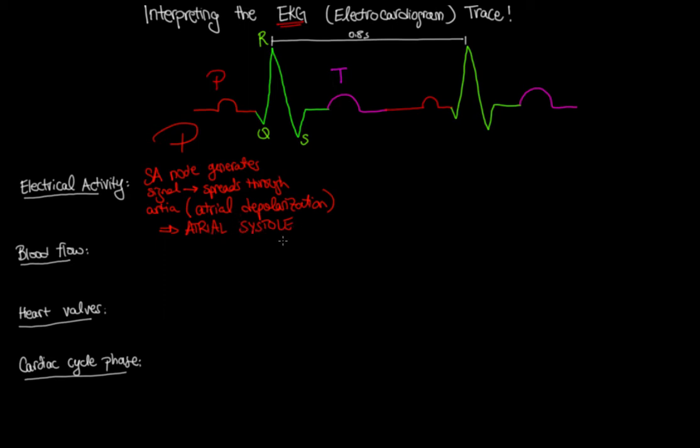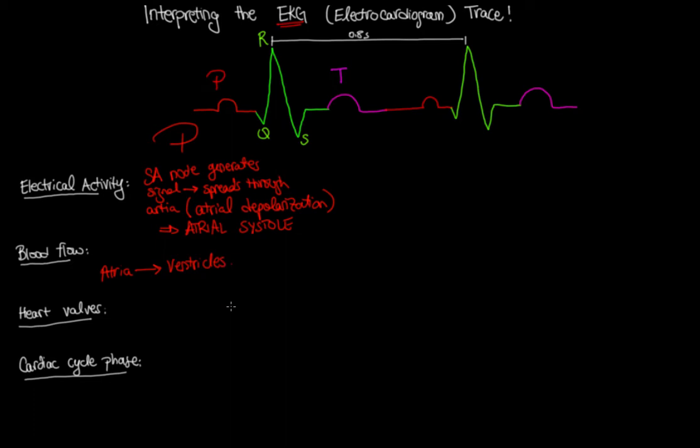Now let's understand where blood is flowing during this phase. Well, if atria are contracting, we know that they're going to need to push the blood into the ventricles. And so this is pretty much what happens at the end of the P wave. So blood flow is going to move from the atria to the ventricles.